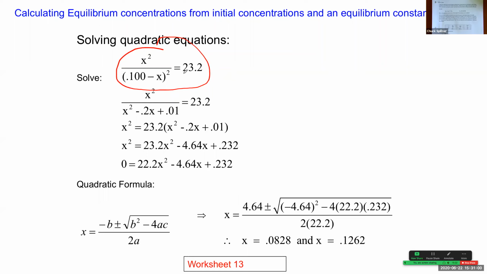if we multiply all these squares and try to solve for x, what we're going to end up with is a parabolic equation where we end up with x squared, x, and a non-x value. And if we set all this equal to 0, we have an equation that we can solve using the quadratic formula.